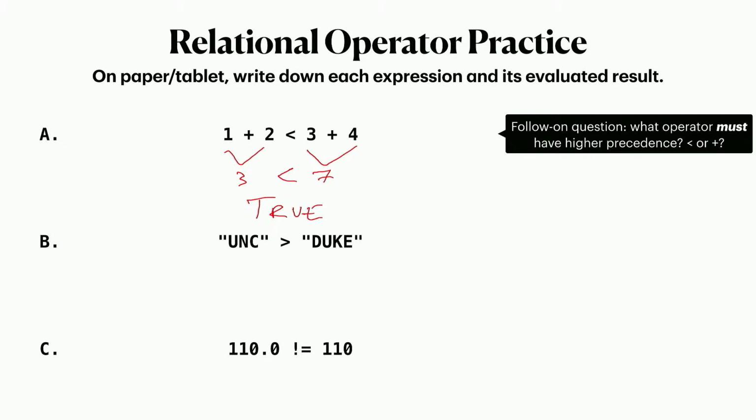Now, this sidebar question is an important one because sometimes here it's potentially ambiguous. You could imagine a strange world where the less than operator was actually higher precedence than addition.